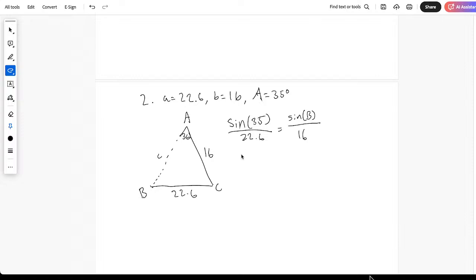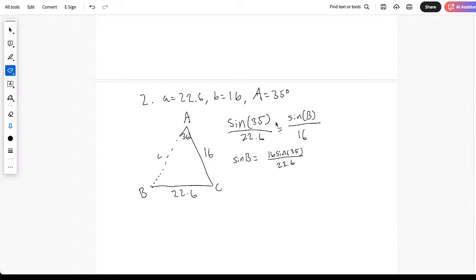Okay, let's do this again. Sine of B equals 16 sine of 35 over 22.6. And let's see if that equals 1 or not.